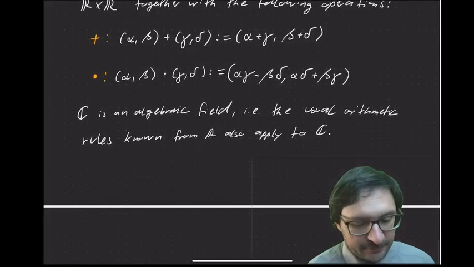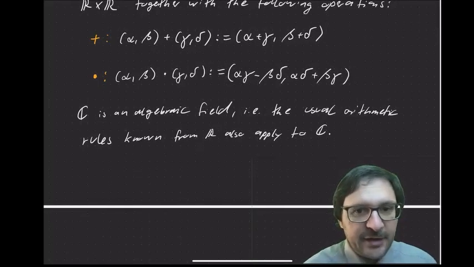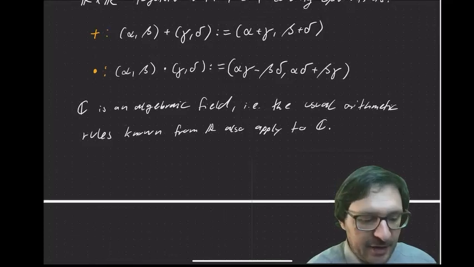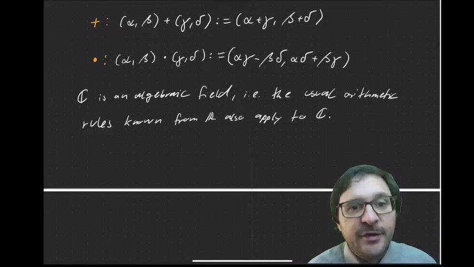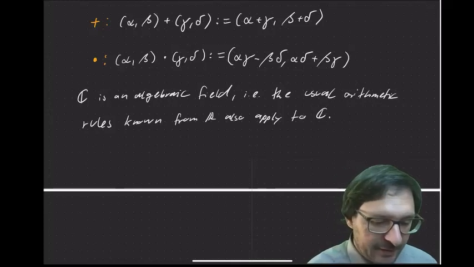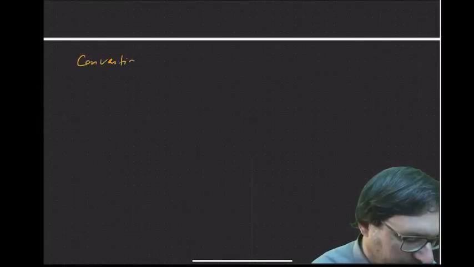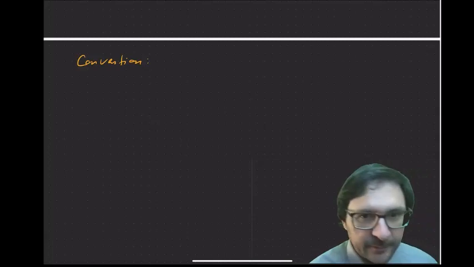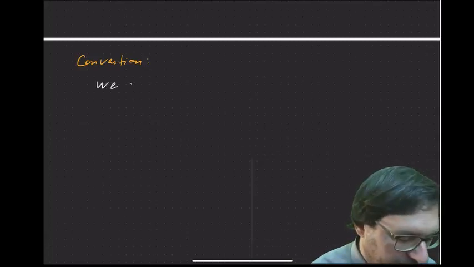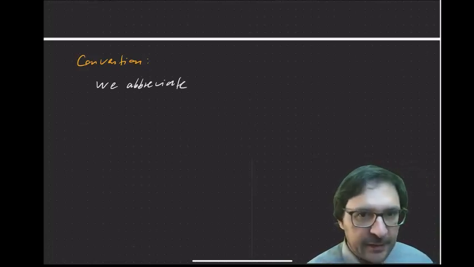But let's first talk about notation and the rules for computing with numbers in C. And there is a nice convention that makes life a lot easier here. So we'll introduce that now. We abbreviate the following.